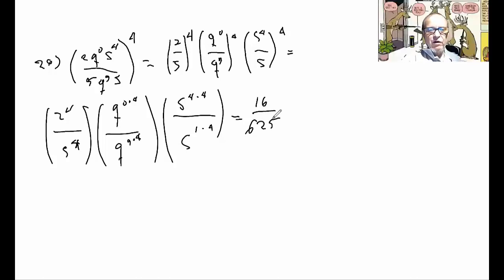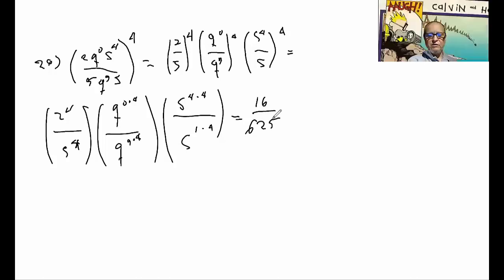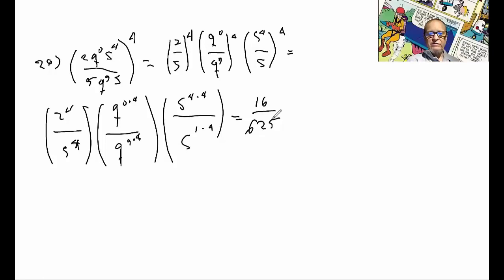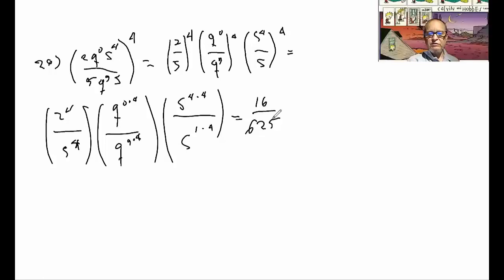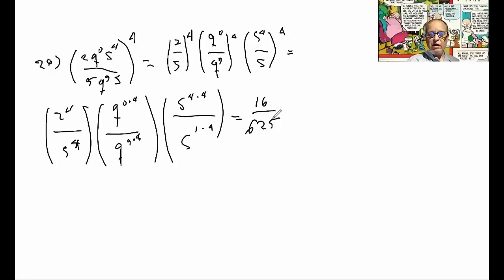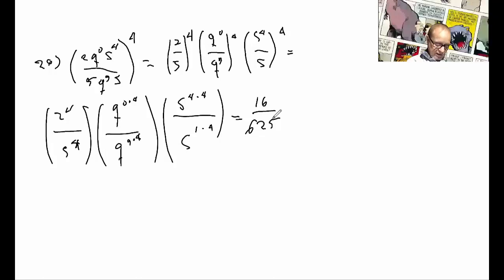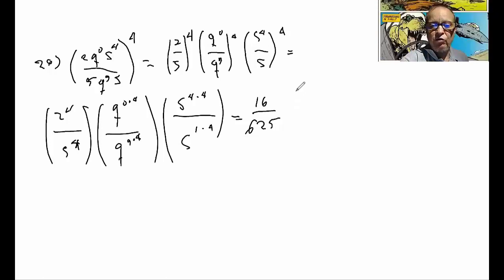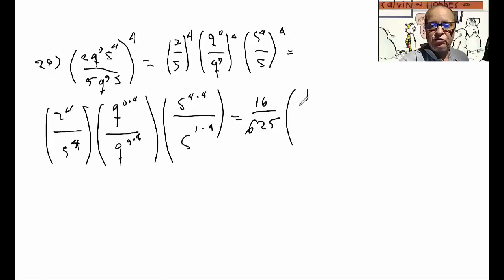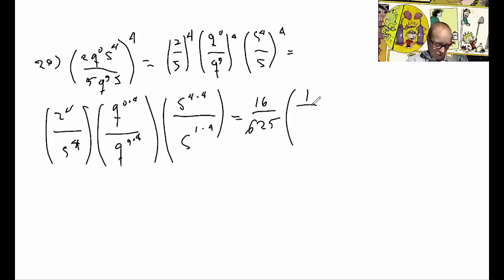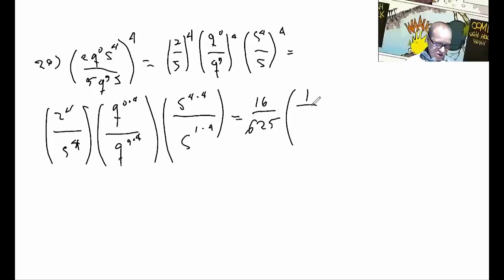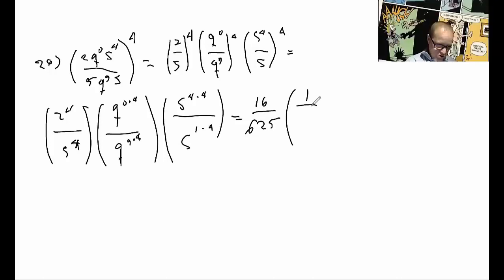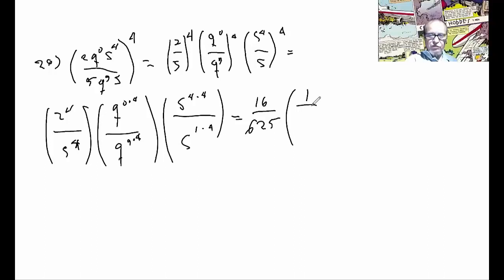And then q to the 0, well, that's 0 times 4 is 0. And remember what I said, that anything to the 0 power is equal to 1. So that's just going to be 1 over q to the 36.